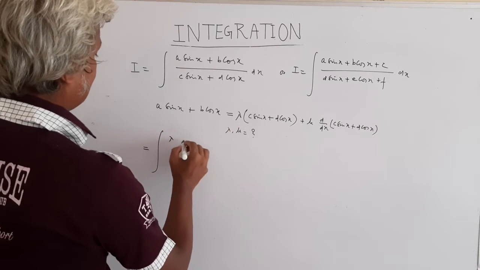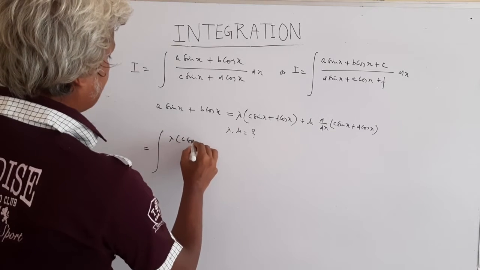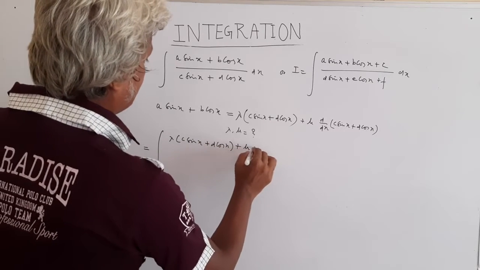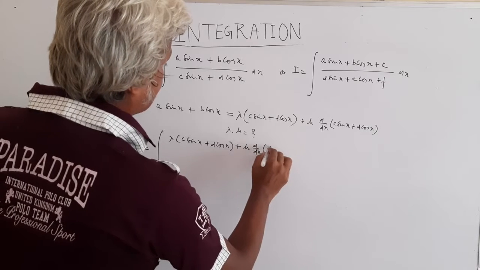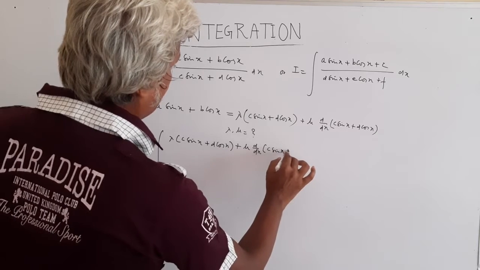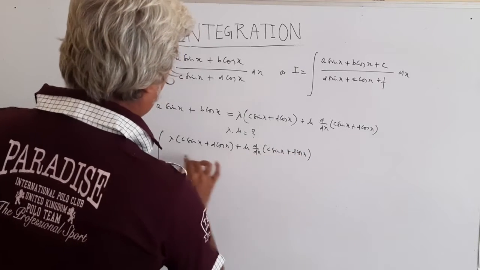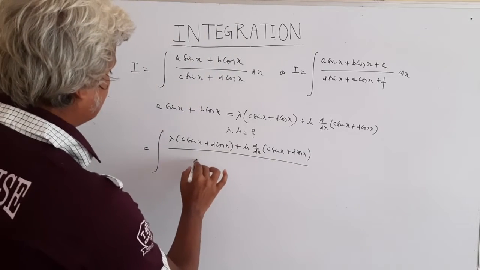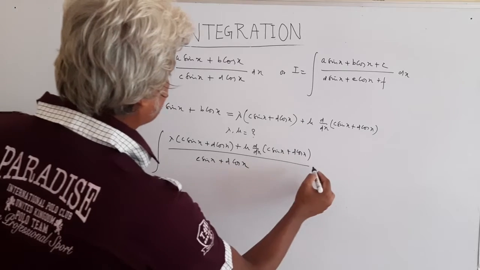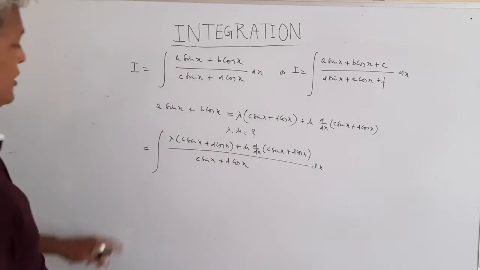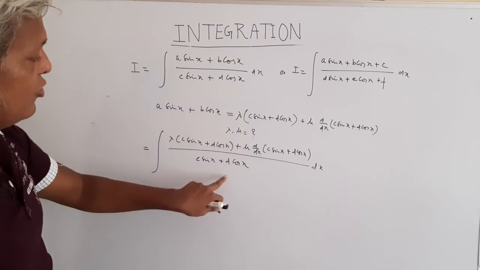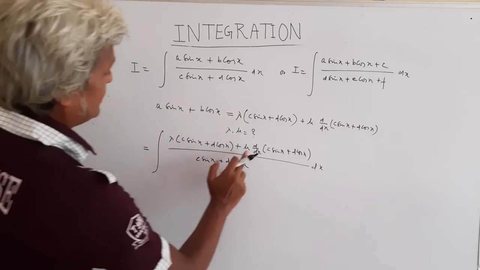So this goes: lambda (c sin x + d cos x) plus mu d/dx of (c sin x + d cos x), over (c sin x + d cos x), dx. When you break down this fraction, (this plus this) over this can be written as this upon this plus this upon this.